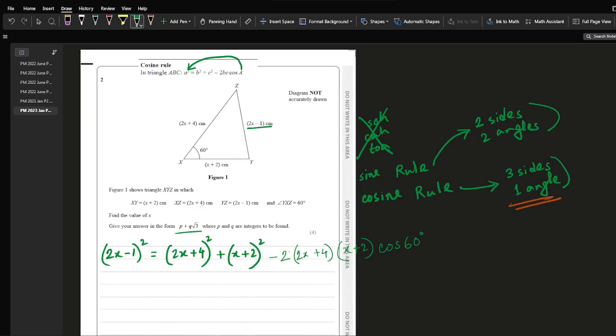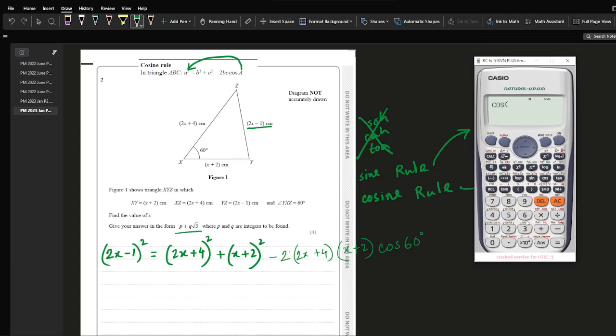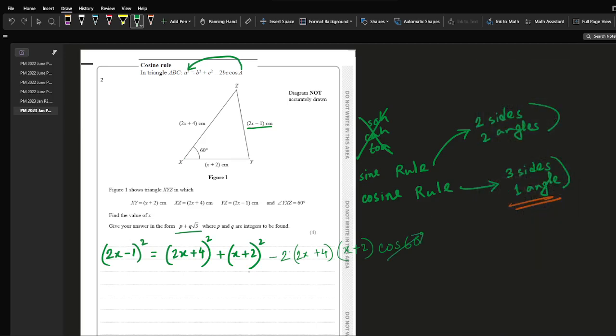Okay, now cos 60 degrees is, make sure your unit of angle is degrees, not radians. If you need to switch, you can just switch from, I believe, never mind, it's frozen. So cos 60 degrees is half. So 4x squared, I'm going to expand the brackets.